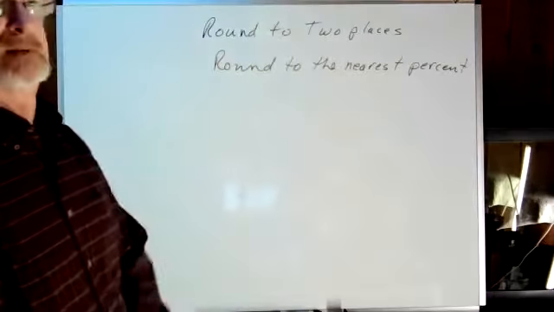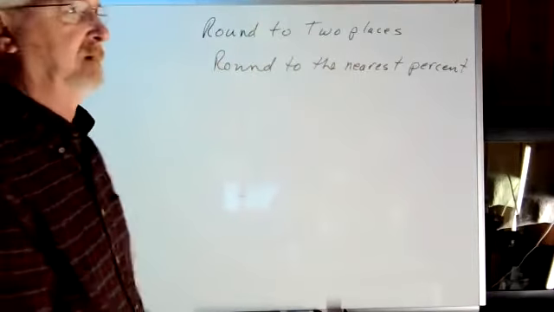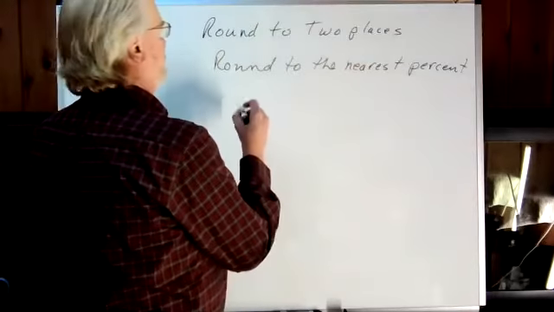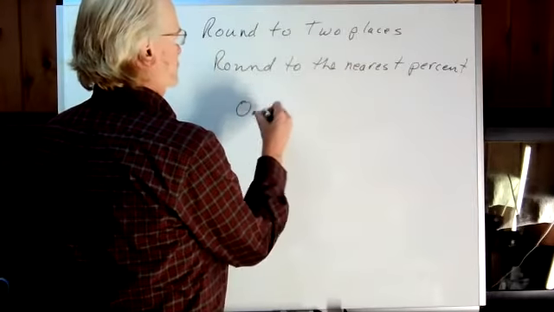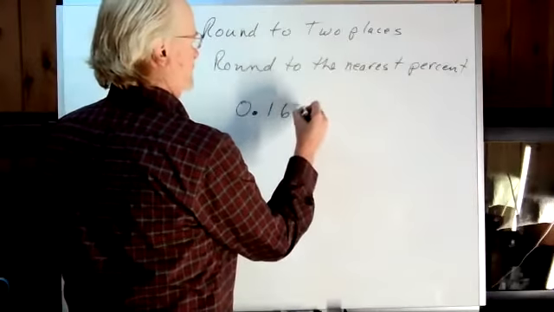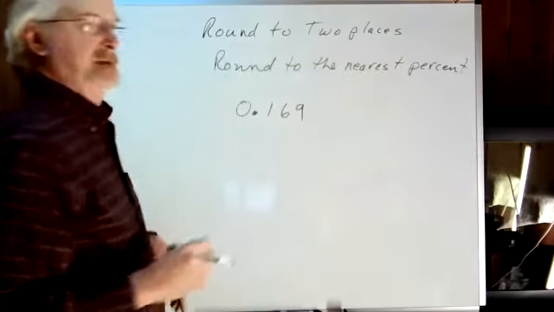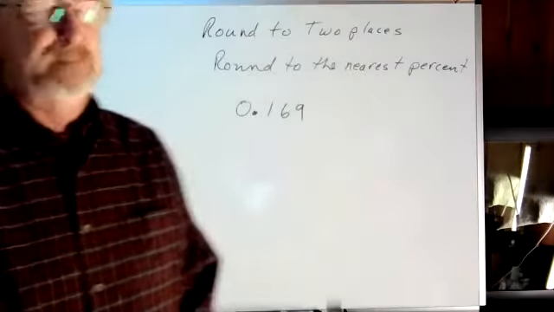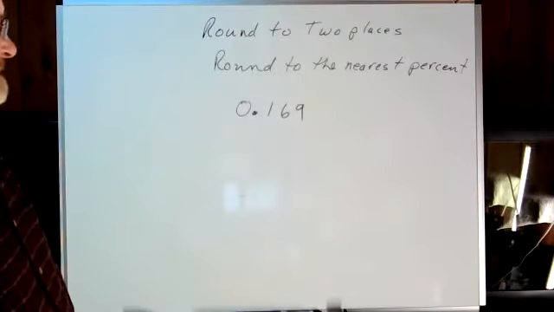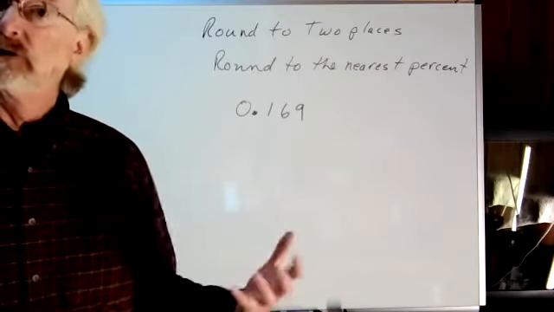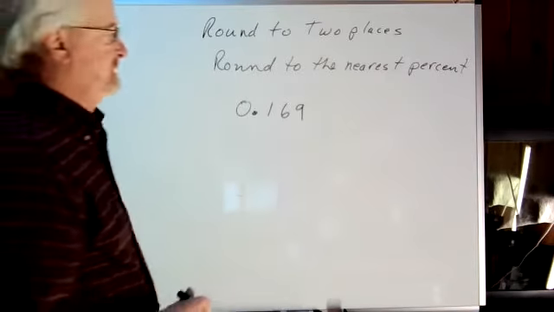Really, I've almost written this 2 ways to say the same thing. What if I have this decimal value, right? To round to 2 places, or round to the 100th place, would be the second place.